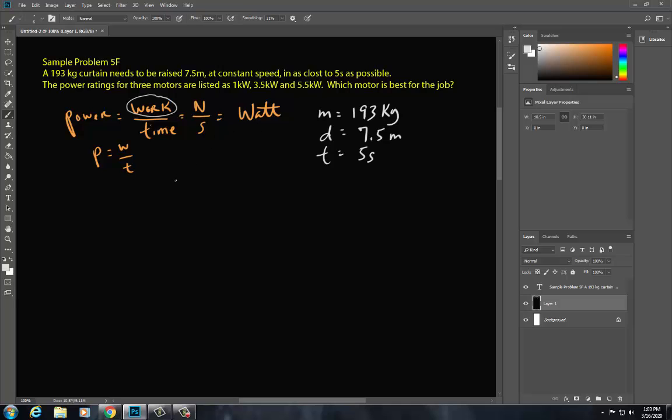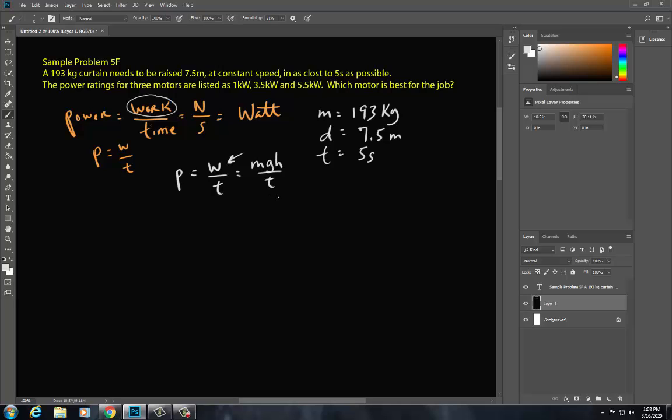So what we do know is that power equals work over time, and gravity has something to do with it, because gravity's fighting this motor, right? So if we expand this work out a little bit, we know that work is equal to potential energy. So we can call this mgh over time.